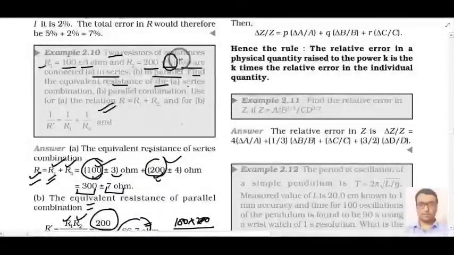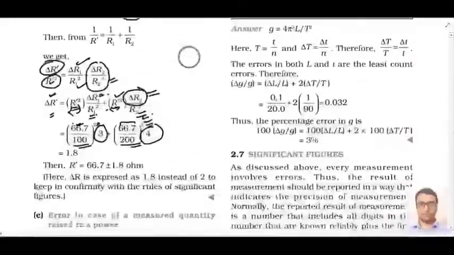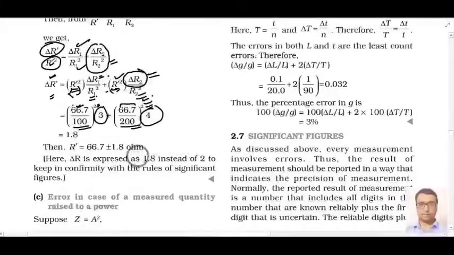Here it is mentioned 4. This value has been taken. So if you solve this, you will get your overall answer, that is 1.8. So the final answer will be 66.7 plus minus 1.8 ohm.